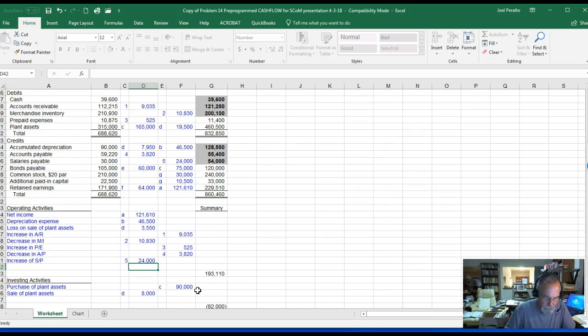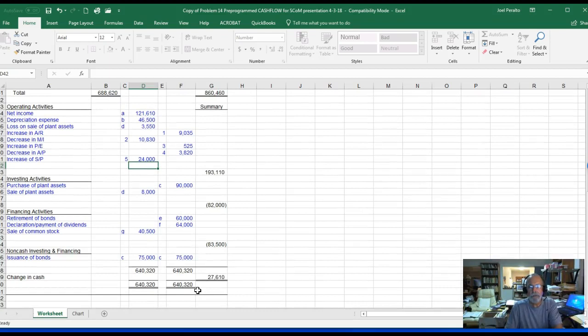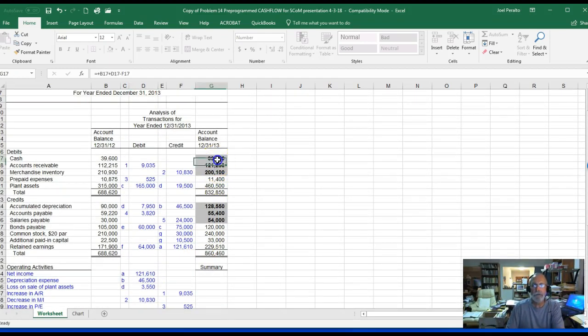Let's see. Have we covered all of our accounts? We have. Cash is the last item we look at. So our accounts receivable is correct, 121,250. Merchandise inventory 200,100.